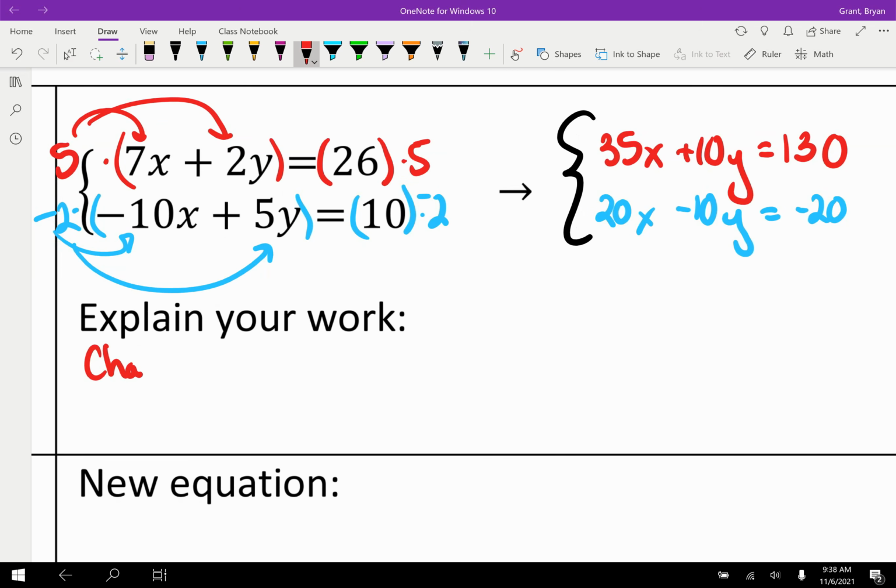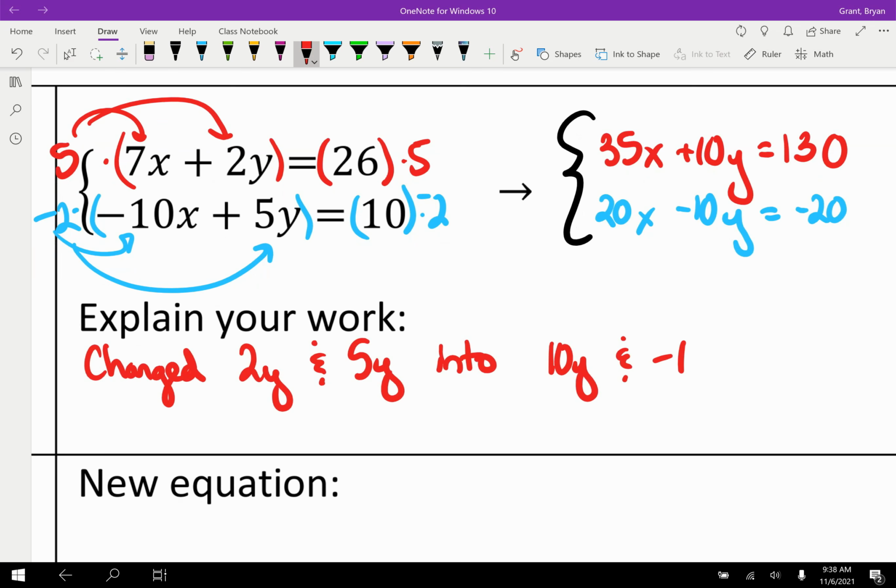We changed 2y and 5y into 10y and negative 10y. To change 2y, we had to do 2y times 5. And to change 5y, we had to do 5y times negative 2.